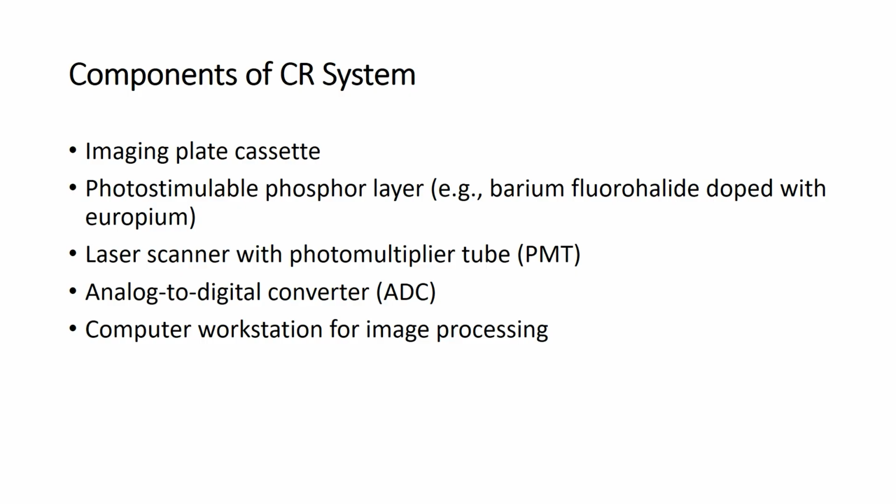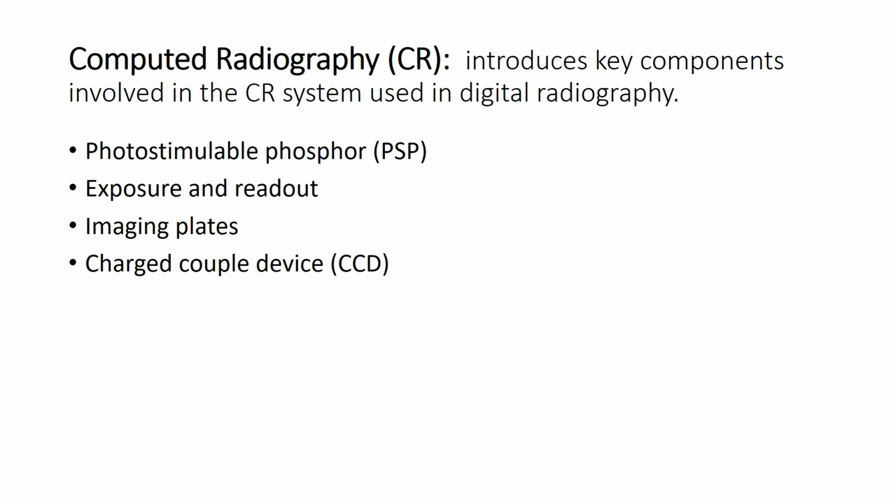A laser scanner with a photomultiplier tube is also one of the important components of the CR system. Then the analog to digital converter, that is ADC, is also a component. Finally, the computer workstation is required for image processing.